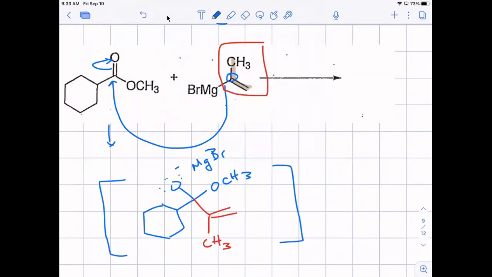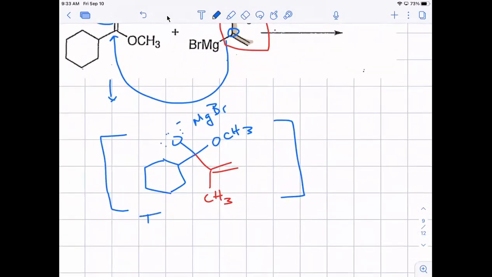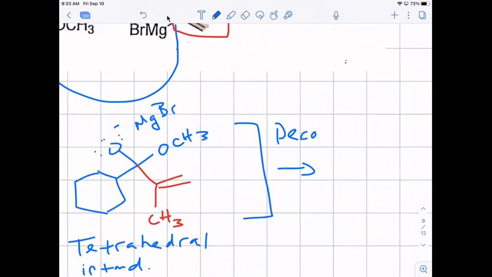Now this intermediate, right? It's going to decompose. All right, and I'll show you how.